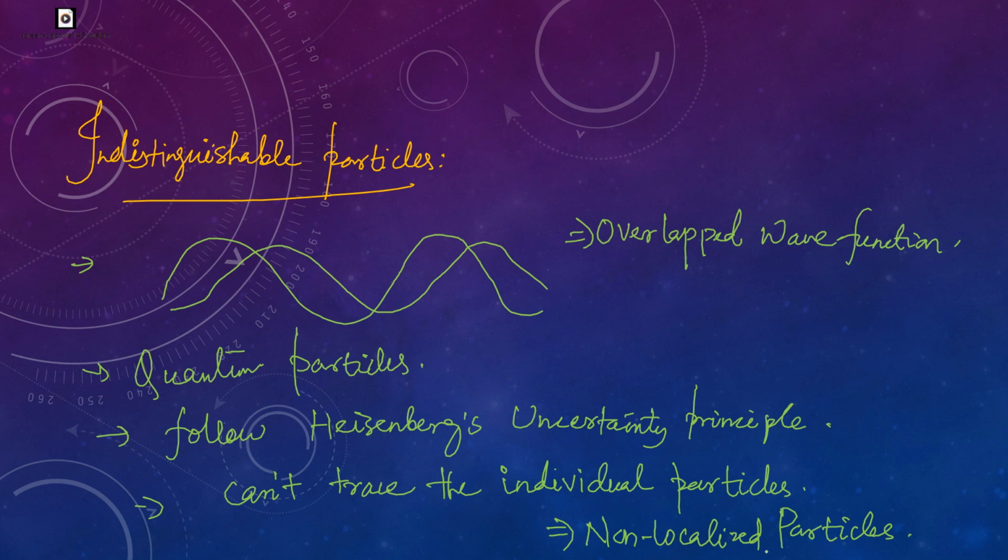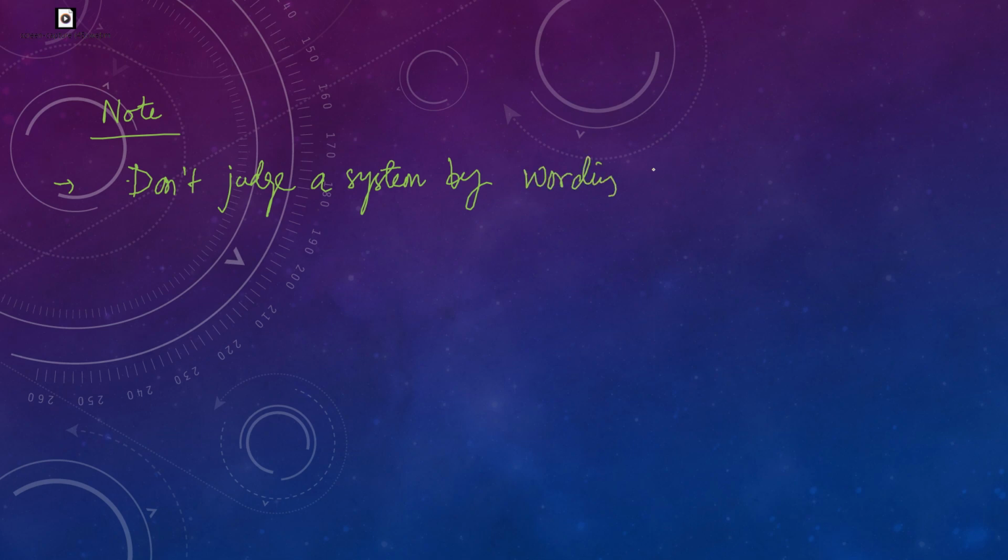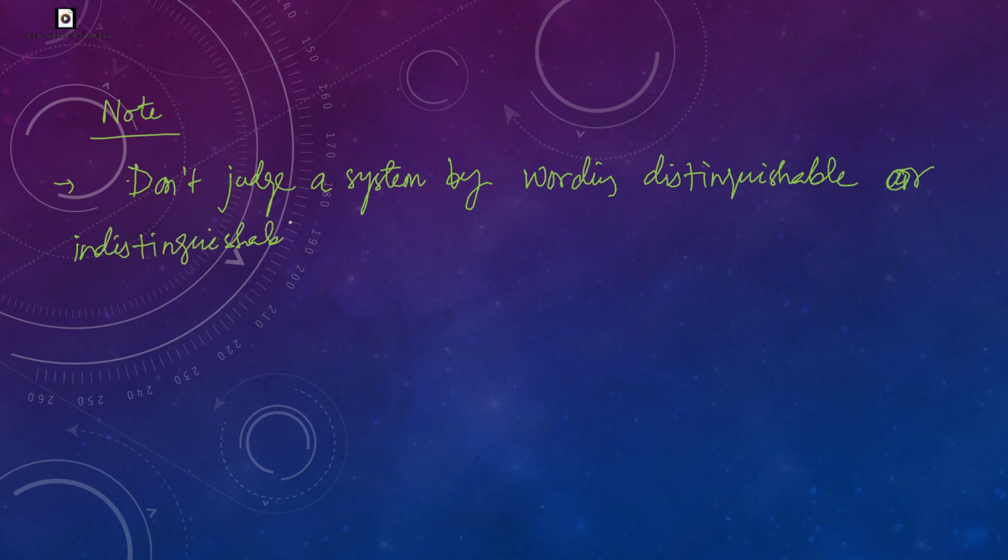Next, there is an important point, like a note, you can write it down. Don't judge a system by just the wording, like distinguishable or indistinguishable, whether it is quantum or classical. What do you have to do?